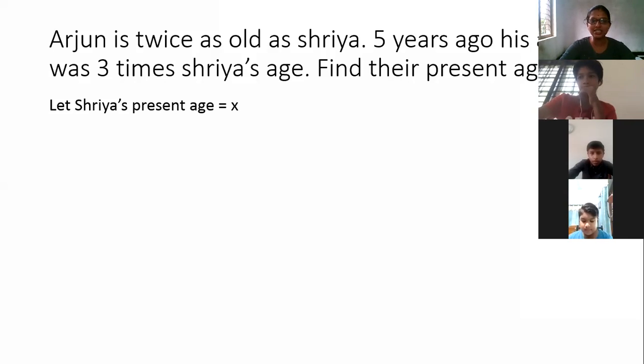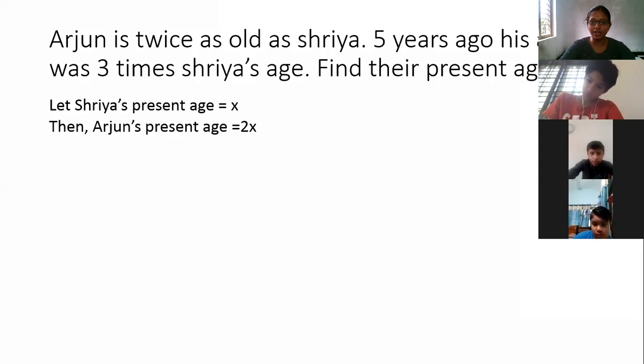Then if Shreya's age is x, what is the age of Arjun? 2x, is it? Yes, miss. Because we have been given that Arjun is twice as old as Shreya. So if Shreya's age is x, twice x is 2x. So first we have chosen the present age of Shreya as x, and then Arjun's present age should be 2x years.